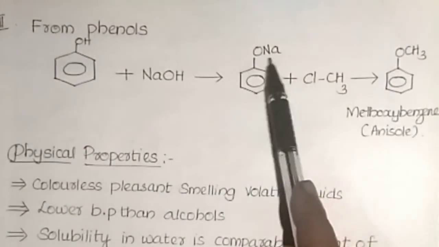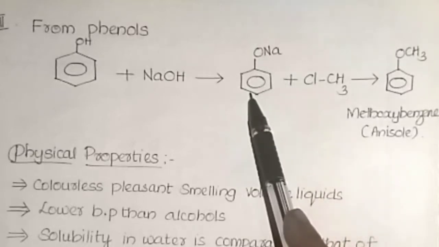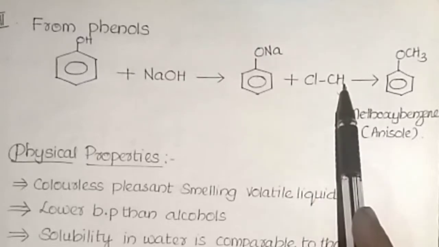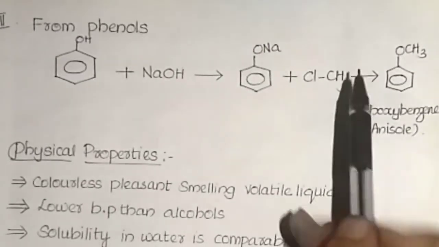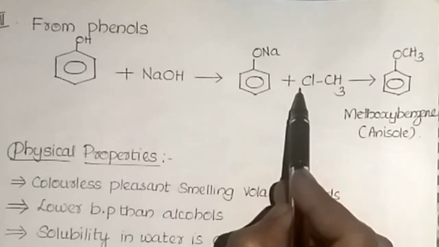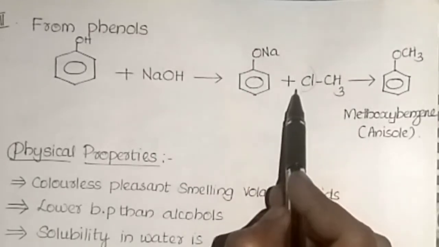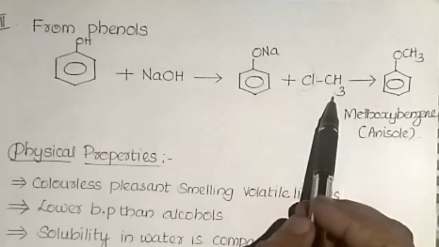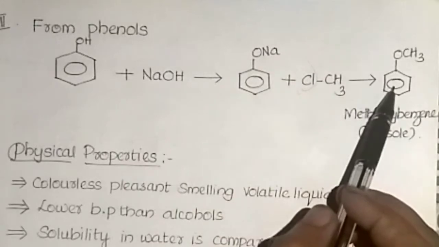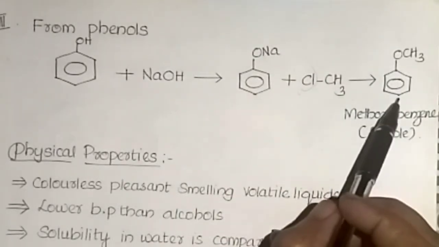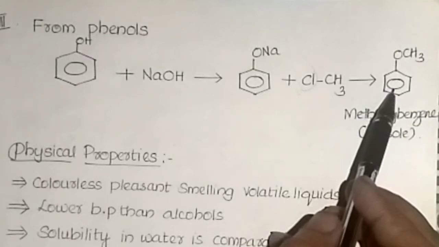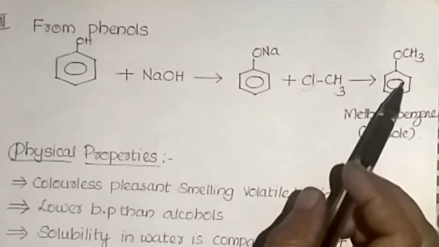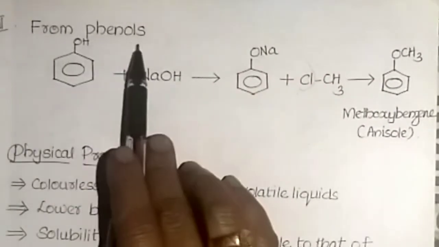Then we get sodium phenoxide, which on treating with methyl chloride, NaCl elimination takes place, then the remaining O is there, CH3 is attached here, then we get methoxybenzene, commonly known as anisole. Methoxybenzene or anisole, an important compound, that is from phenols.